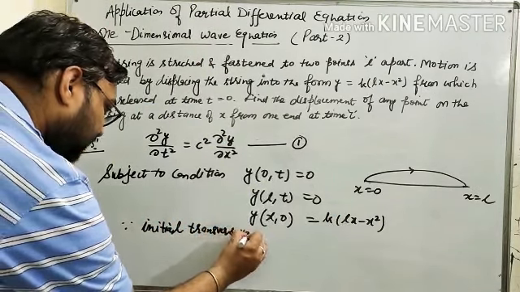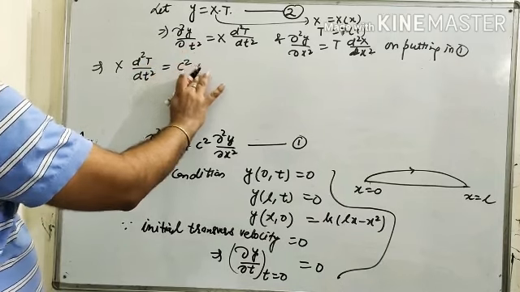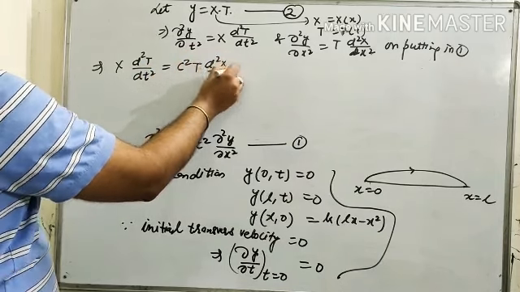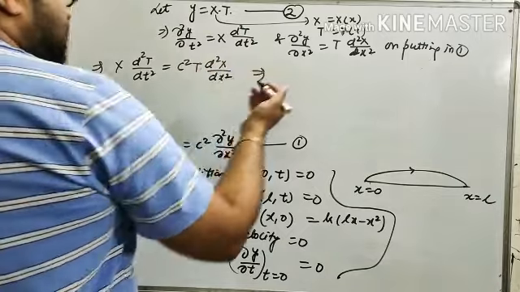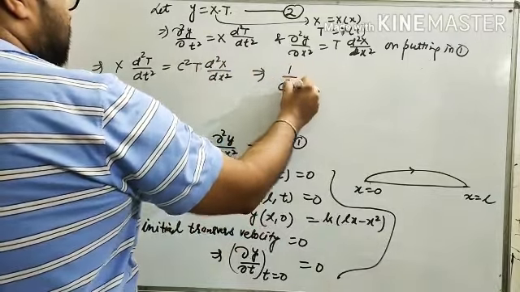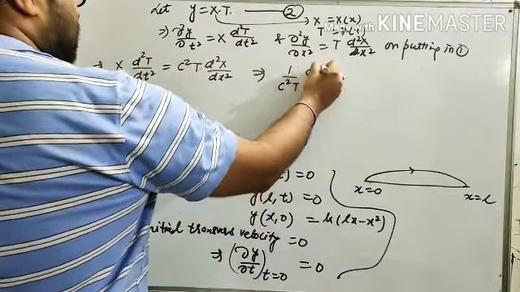So on putting in 1, we get X d2T upon dt square equals c square T d2X upon dx square, or separating the variables, 1 upon c square T d2T upon dt square is equal to 1 upon X d2X upon dx square is equal to minus p square.